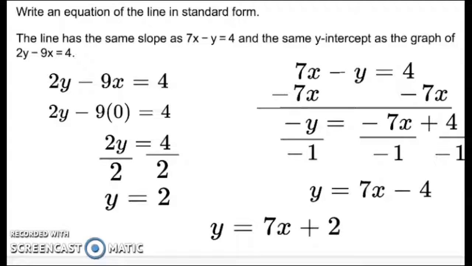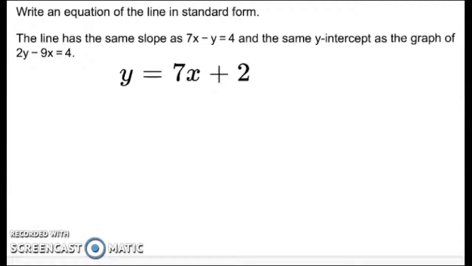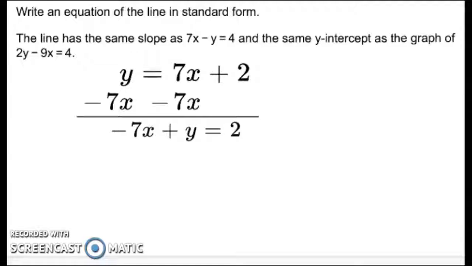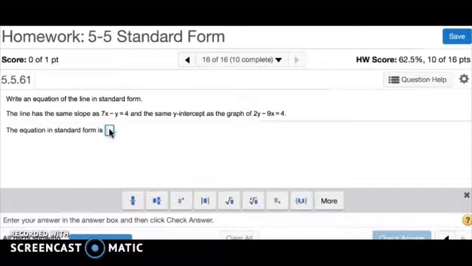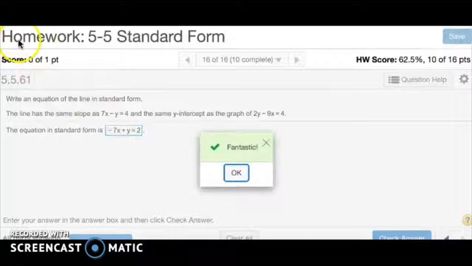I need it in standard form. So subtract 7x from both sides. I'll have negative 7x plus y equals 2. So that's what I'll type in. So type in negative 7x plus y equals 2. That's number 16.